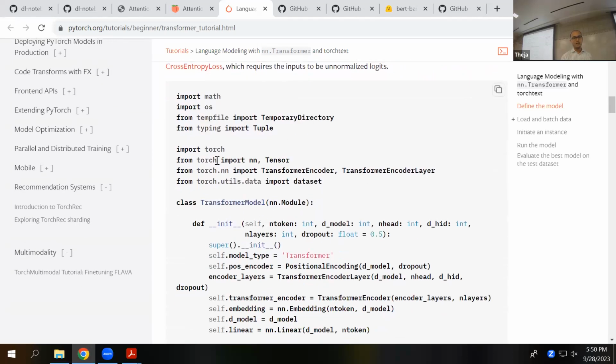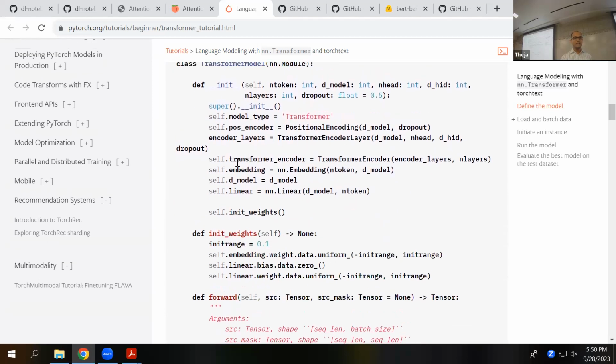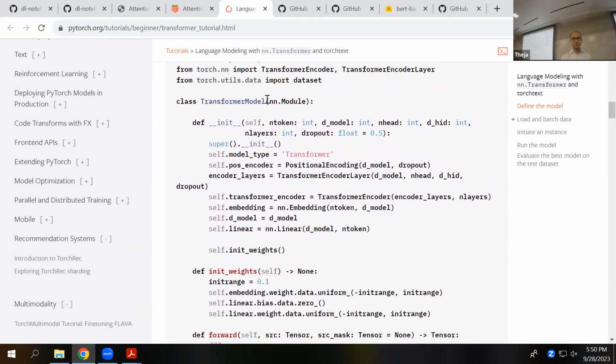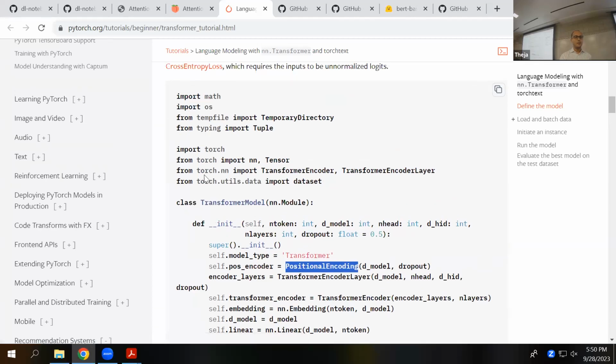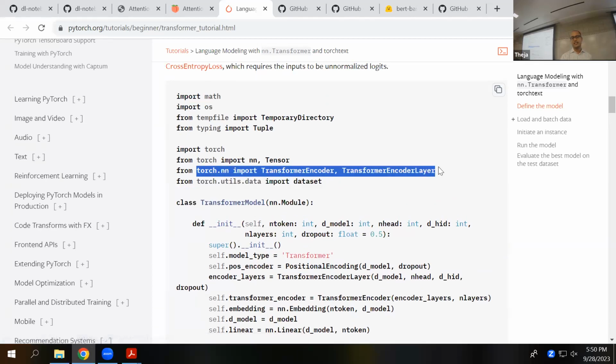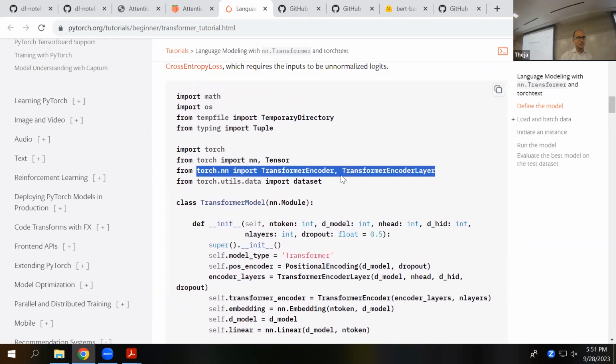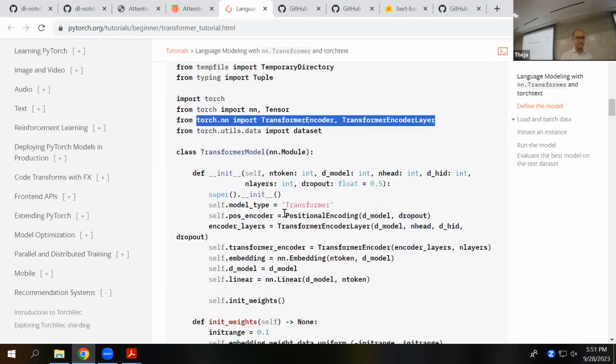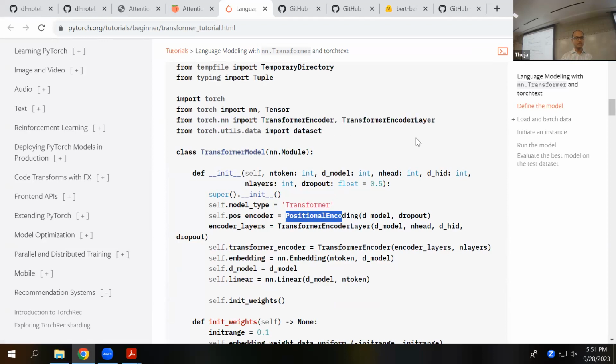You can look at how they create the transformer model, how they use the encoder layer, and how they use position encoding. They're just creating objects out of classes already defined in the torch.nn module. One thing I don't see is where position encoding is coming from. I guess it should be imported somewhere.